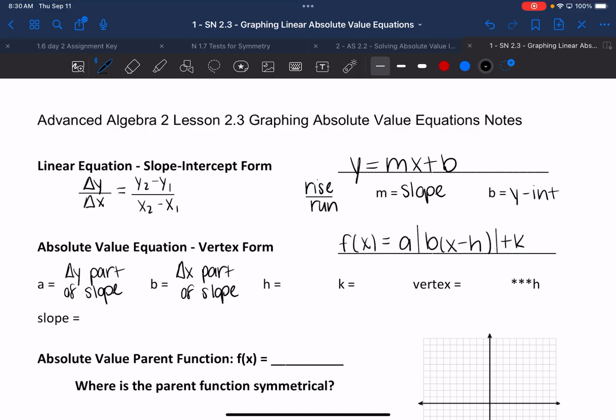So I am going to have to put those two together to figure out what my slope is. When I say put them together, it's kind of like up here, right? We put them into a fraction, right, to come up with that slope.